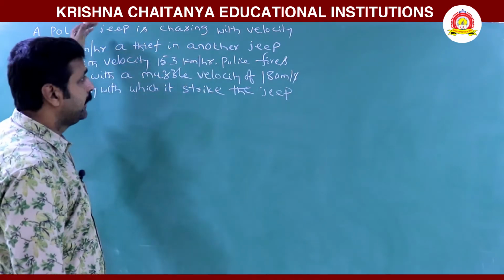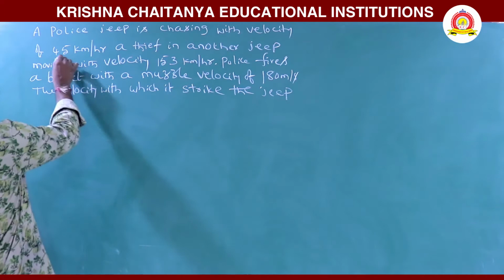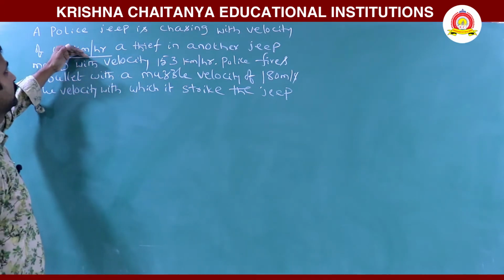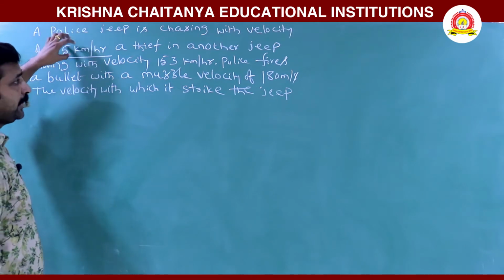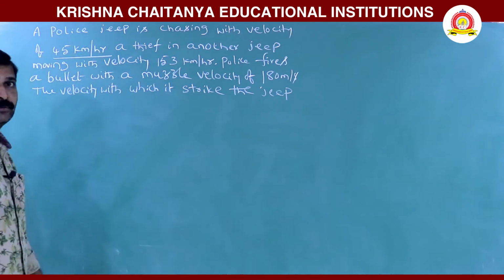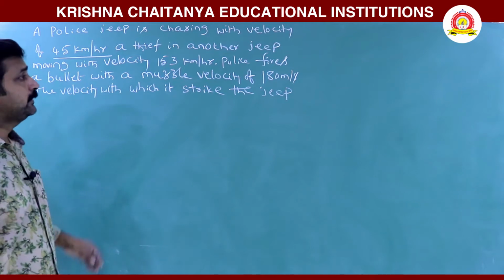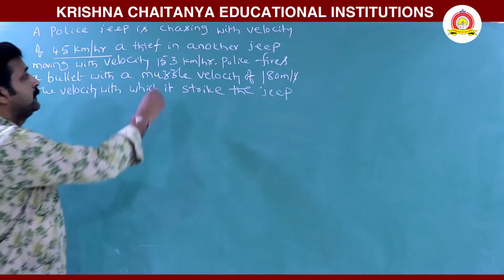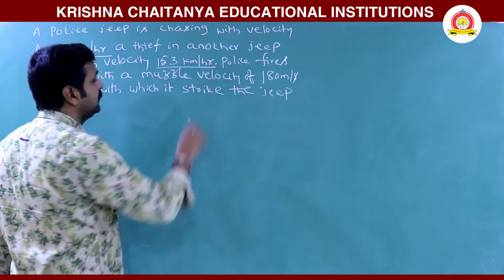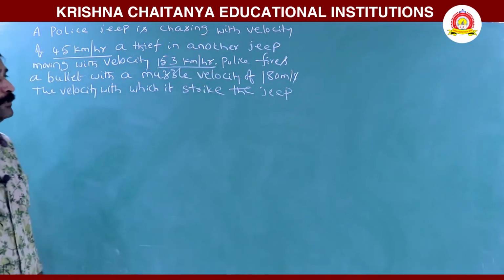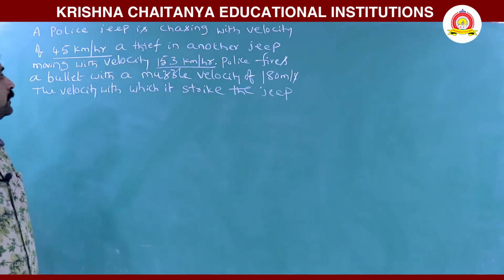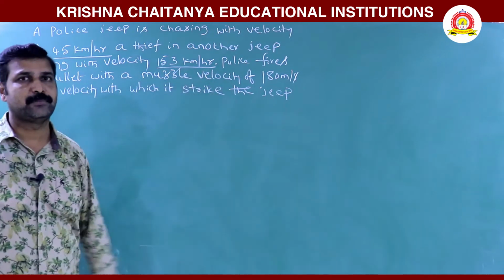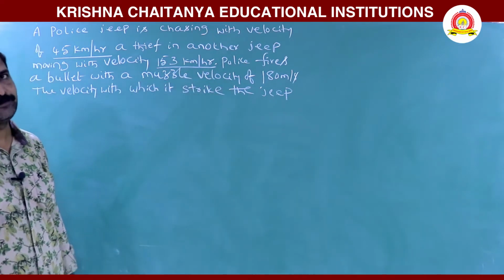First, write down the data. 45 km per hour. This is the velocity of the police jeep. Since the velocity is given alone, this is with respect to ground. The thief's velocity is also given alone, with respect to ground, and the policeman fires a bullet with a muzzle velocity of 180 meter per second.